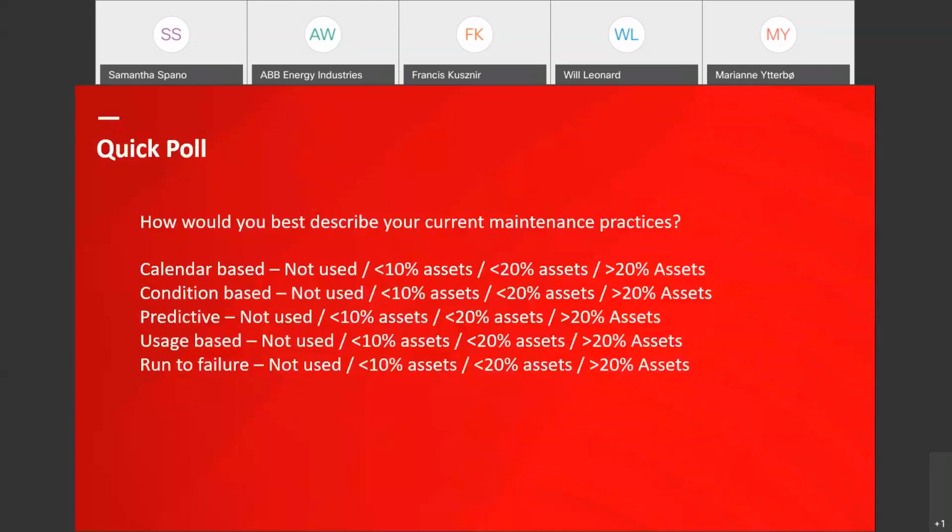It could also be that you have not had a chance to answer the last couple of questions, but I think mainly calendar based is probably also the case for most sites. So thank you for sharing. But let's have a look at what would be needed if we wanted to use something other than time to plan our maintenance. So if you have a look at the next slide.